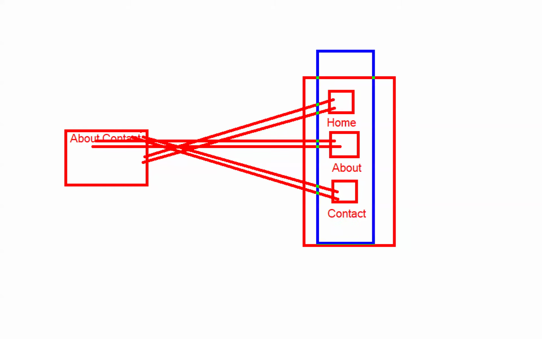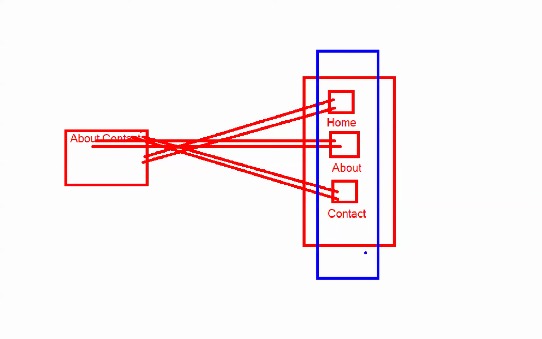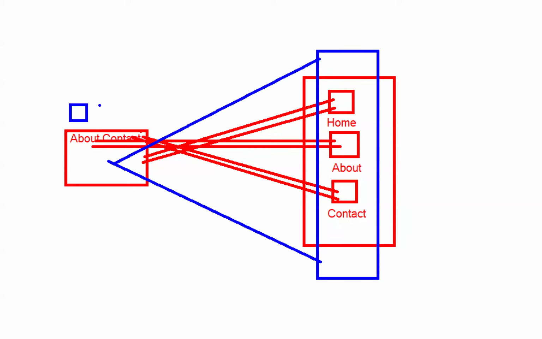That object holds all these templates: home, about, contact. When we send the first request, the entire object is loaded into the browser, which means all these templates are loaded in browser cache memory.